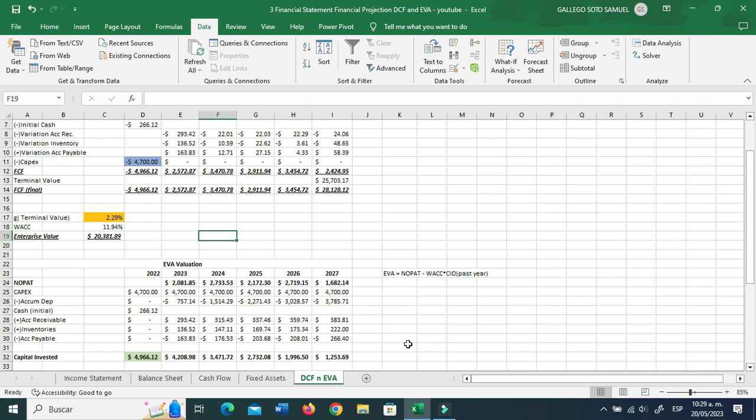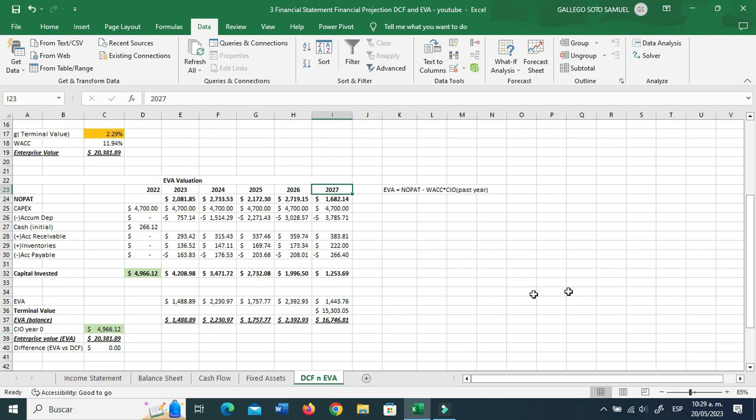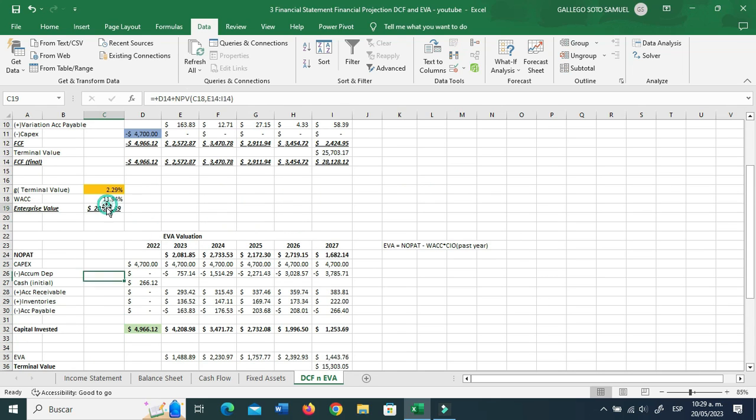Okay, so 2.29, that's our growth rate. This is what math is telling you: the equivalent growth rate, the most likely growth rate from year 2007 on for this accurate valuation.